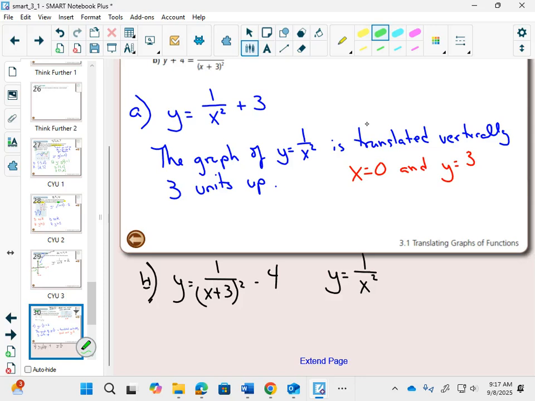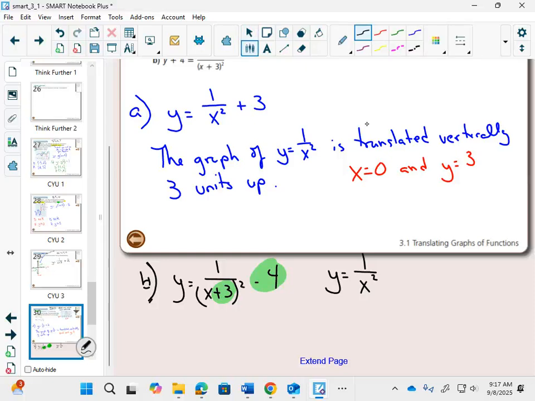So you can either do one of two things. You can highlight where the original equation is, or you can highlight where there are changes. This plus 3 is a change, and that minus 4 is a change. Whatever is not highlighted, when I take those highlighted things out, do you see that you have just the 1 over x squared left? So by highlighting that, I can see what are the things that have changed. I need to describe those changes.